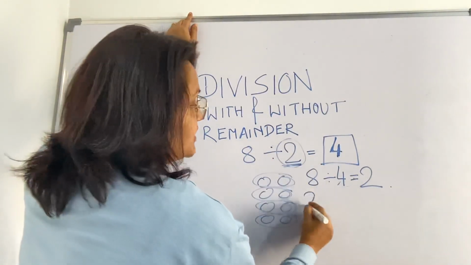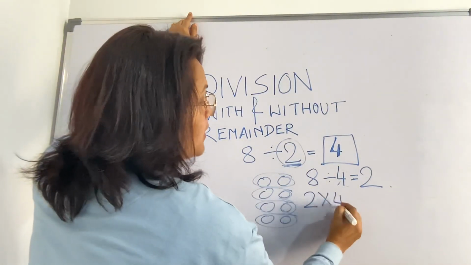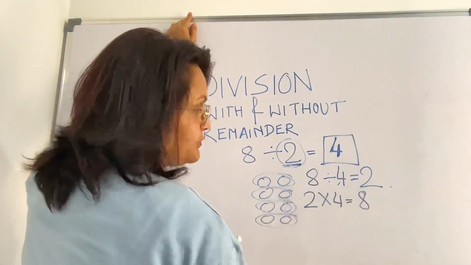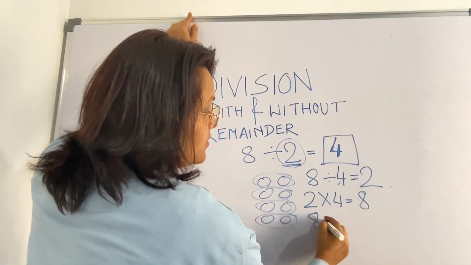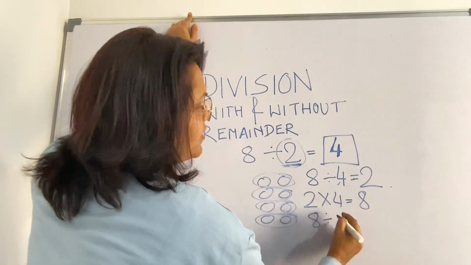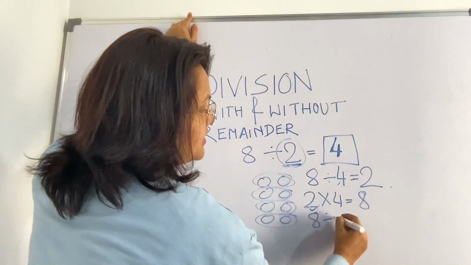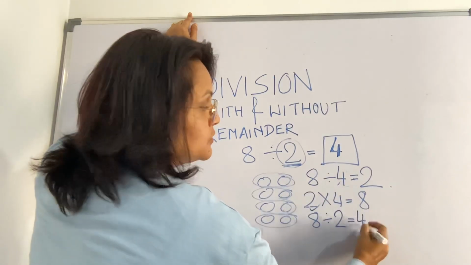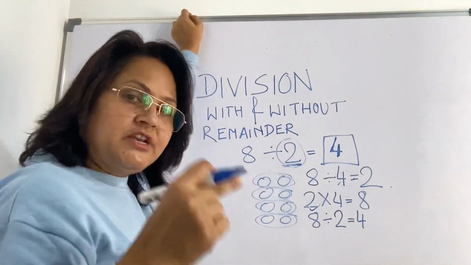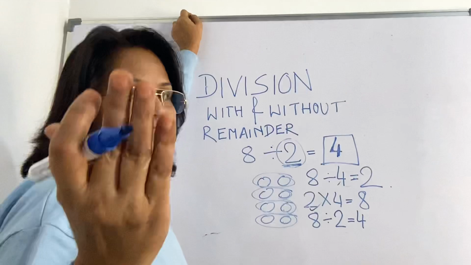Because when we say 2 into 4 makes 8, so 8 we have taken as a product. When it is divided by one of the factors, that is 2 this time, it equals 4. So the child will understand there is no need for us to do the further calculation.